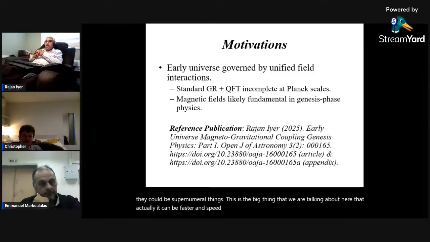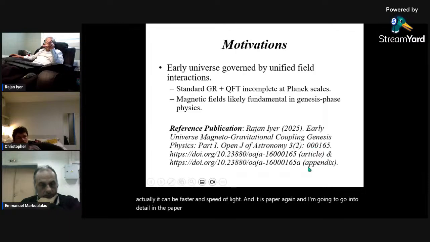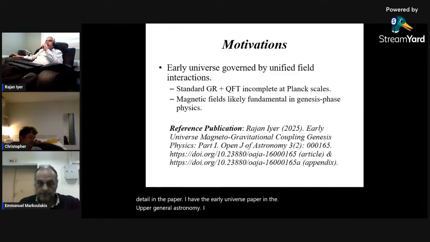In the early universe paper in the Open Journal of Astronomy, I talk about how we can have faster than the speed of light without violating Einstein's stipulations.